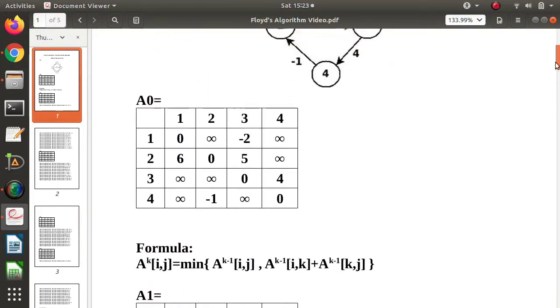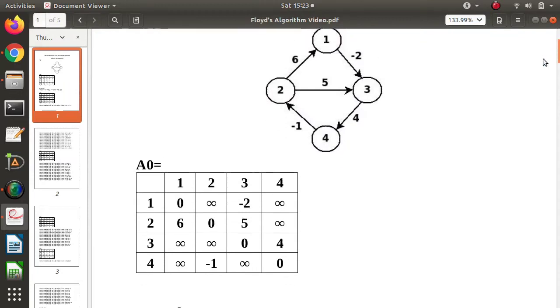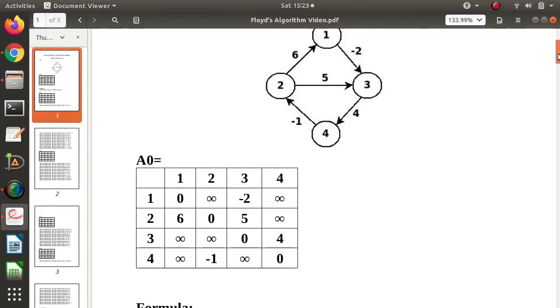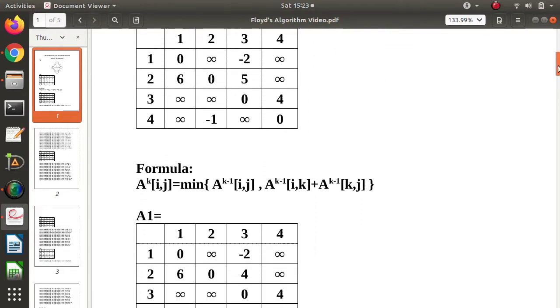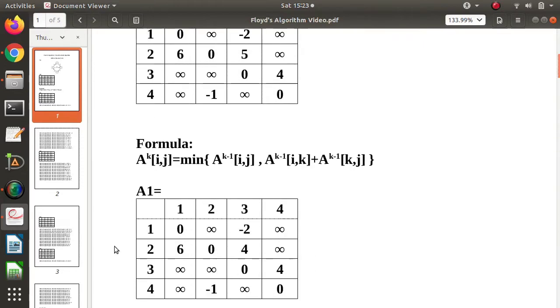Now see, from this graph we find these values, right? These values are the weights of direct edges. Means if there is a direct edge between any two vertices, that value we write here. If there is no direct edge, then we put infinity. Then in Floyd's algorithm, what we are trying, see here it is A1.